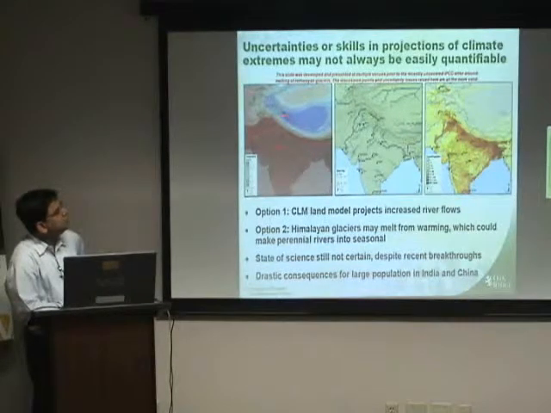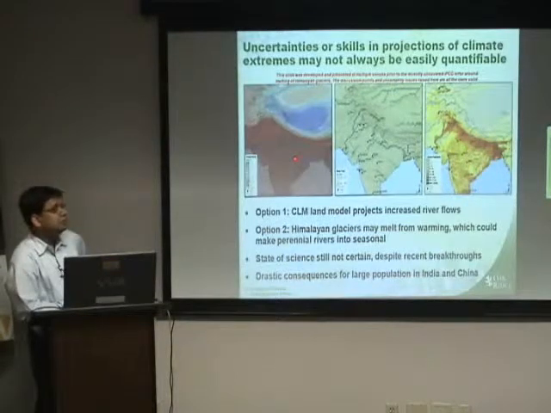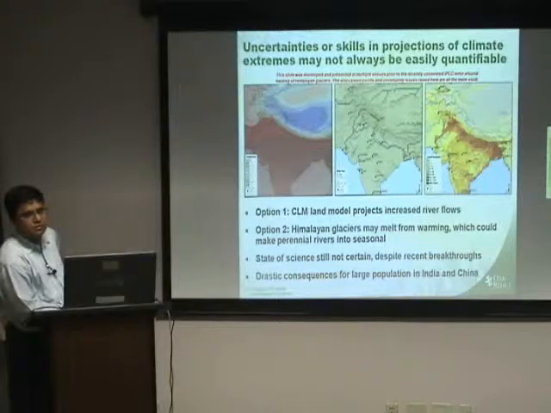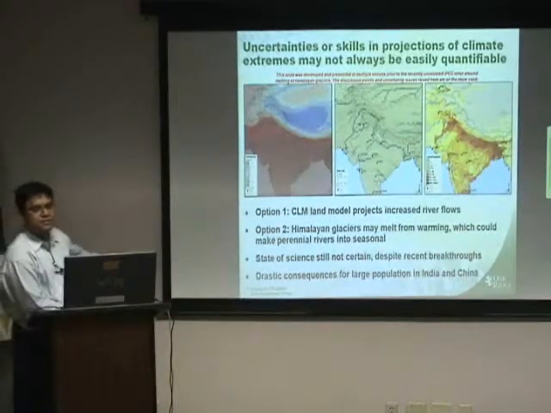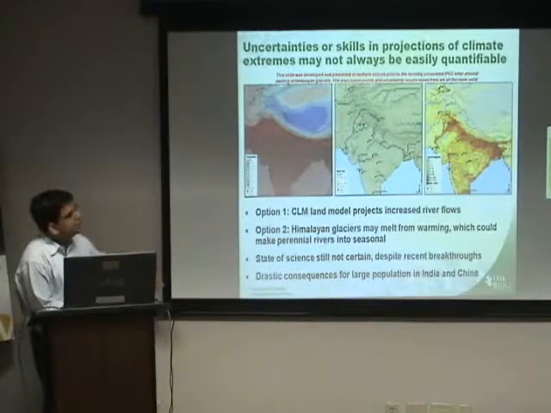So what this warming pattern means for this melting, that's what we don't understand that well. However, if we do not consider that, this is what the land model says, that the runoff in the rivers show a slight increase. However, if these glaciers do melt at some point in time, then what could happen is that you'll get an initial surge of runoff, and then these rivers might become more like seasonal rivers. So we just don't understand enough about this to be even able to quantify these uncertainties.